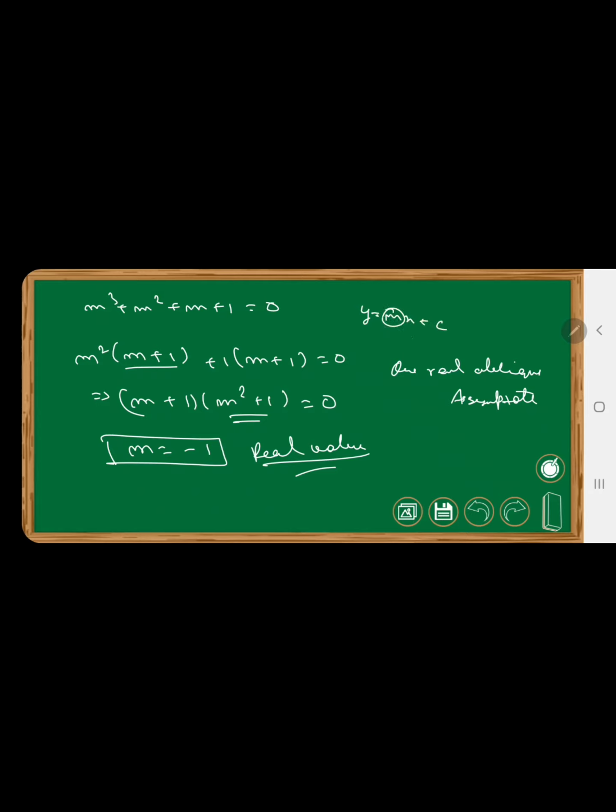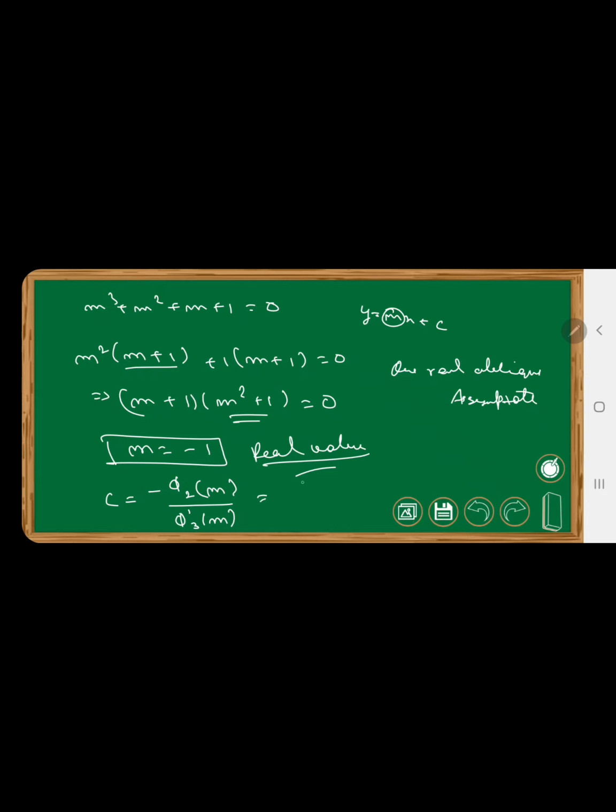Clear? So this m is the slope, and to find c, c is basically minus phi of the second highest power, that is phi 2 of m, over phi dash 3 m. I guess the formula is clear now.